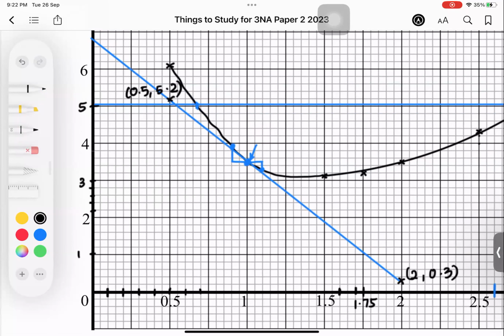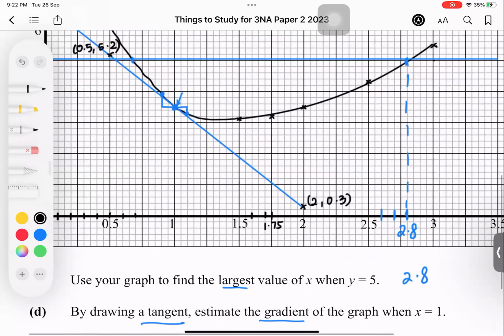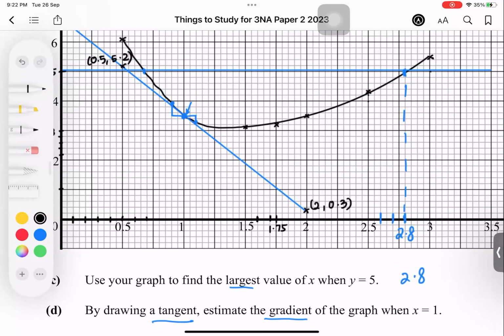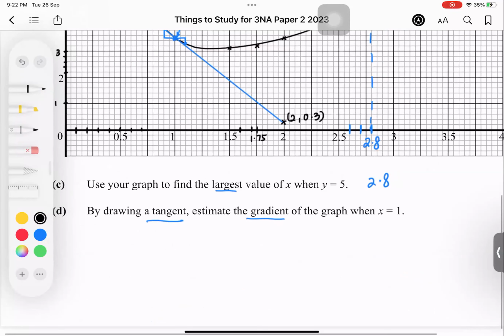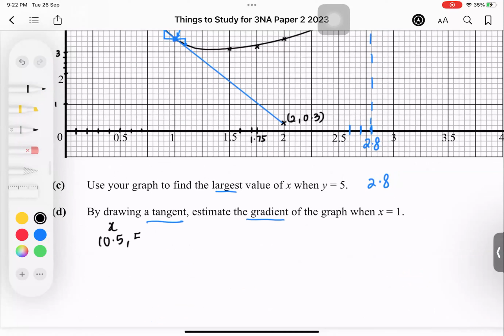So I use these 2 points, numbers that are easier to read. So I have 0.5, x coordinate first, followed by y. Then the other one, 2, 0.3.